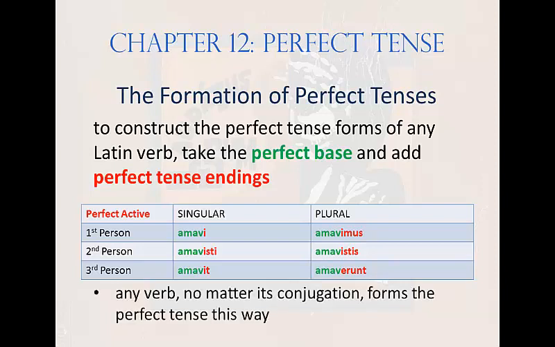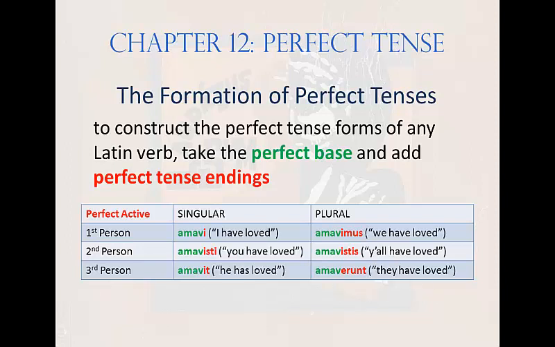Please note that all perfect tense verbs in Latin, no matter what conjugation they belong to, form the same way. Take the perfect base, add these endings, and you have any perfect tense finite verb in Latin. And here is how these forms translate. Amavi, I have loved. Amavisti, you have loved. Amavit, he, she, or it has loved. Amavimus, we have loved. Amavistis, y'all have loved. Amaverunt, they have loved.